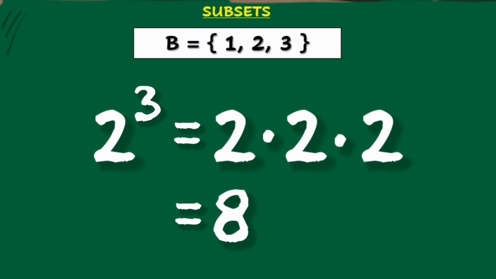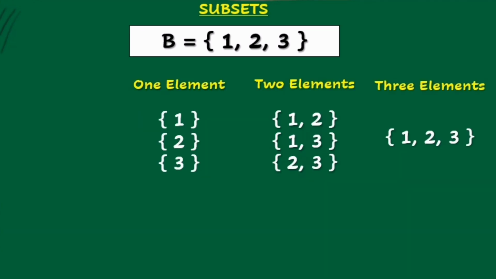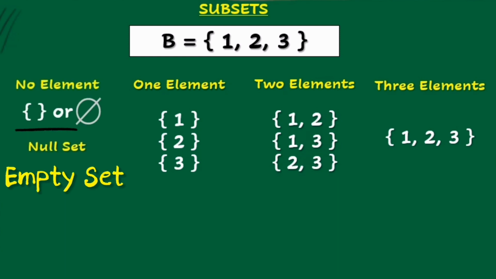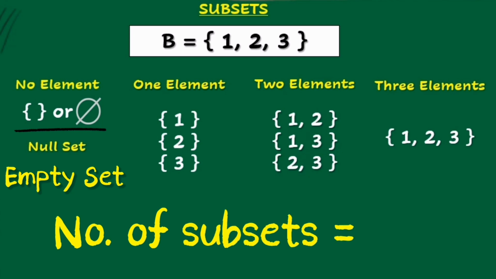If there are 8 possible subsets for every 3 elements, then we are missing one subset, and that is the null set or empty set. Remember that the null set is a subset of every set. This makes our subsets equal to 8.